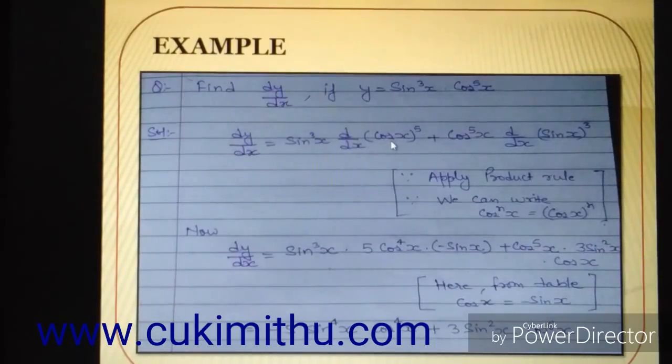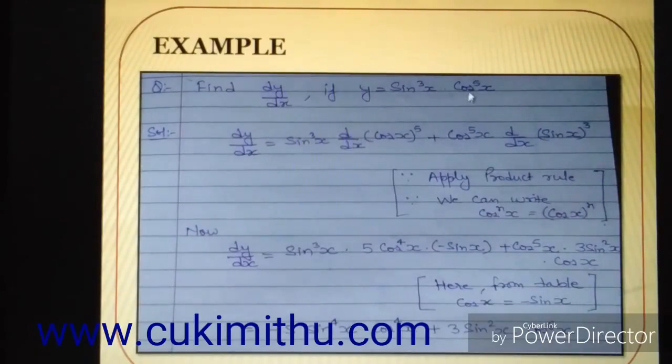Don't get confused, kids, about how we put this 5 outside the bracket. cos x whole to the power 5 and cos to the power 5x are the same, nothing is different, so we can write it in this form also.